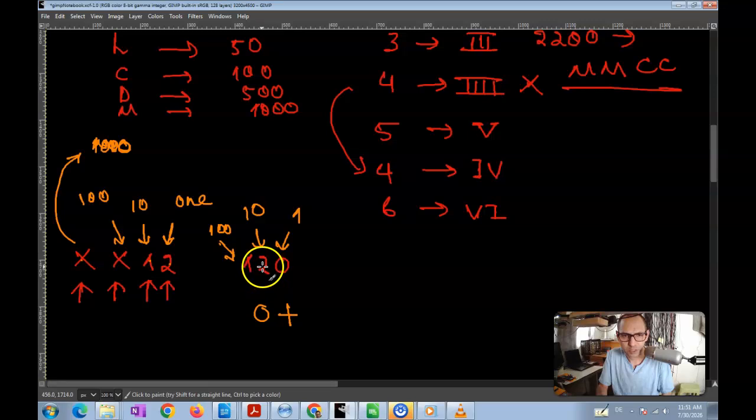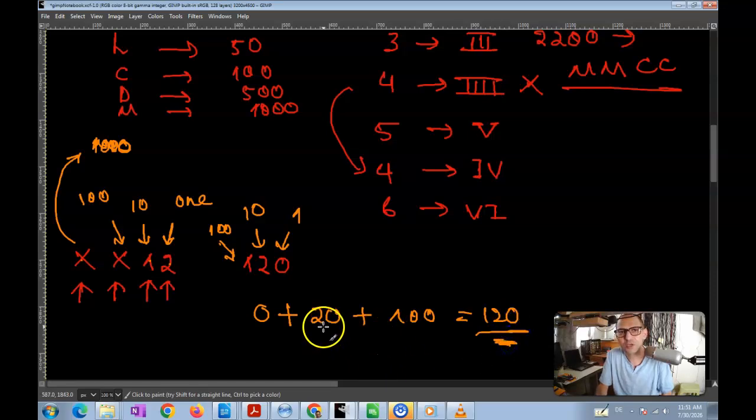This means I have 2 groups of 10, so that's basically a 20. And this 1 over here means that I have one group of 100. Then 20 plus 100 plus 0 would be 120. That's how you write your number. That's called a place value number system.